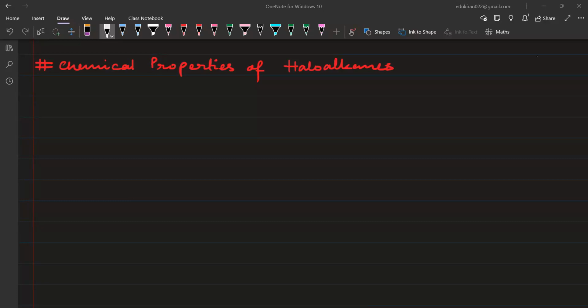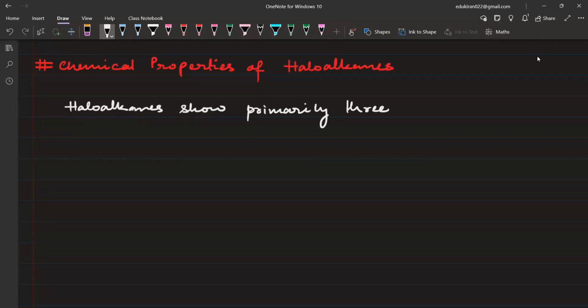The main reactions that haloalkanes show: there are three main reactions, nucleophilic substitution, elimination, and reaction with metal. Please write: haloalkanes show primarily three types of reactions.